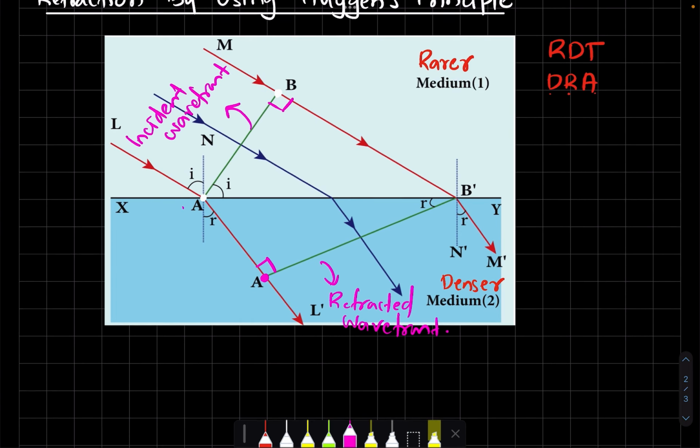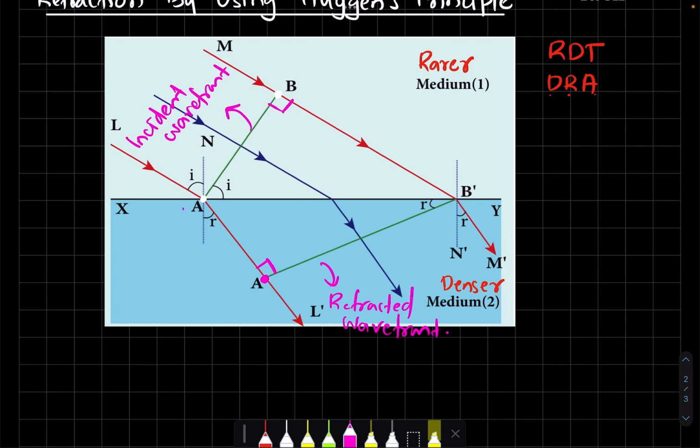A dash, you can say the distance traveled from B to B dash is determined by the time taken for that. Let's say in the rarer medium the velocity is V1 and the refractive index is N1. In the denser medium, the velocity of light is V2 and the refractive index is N2.